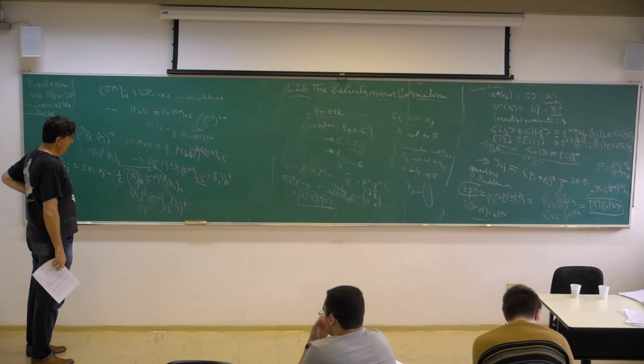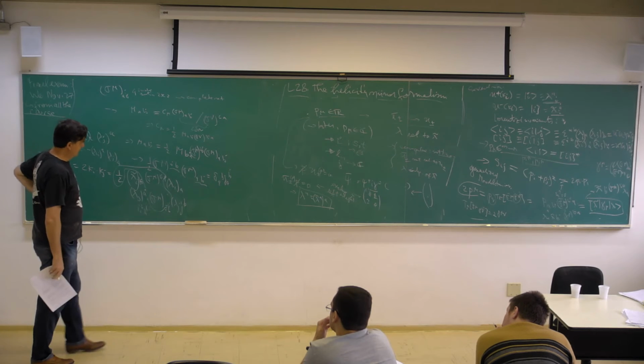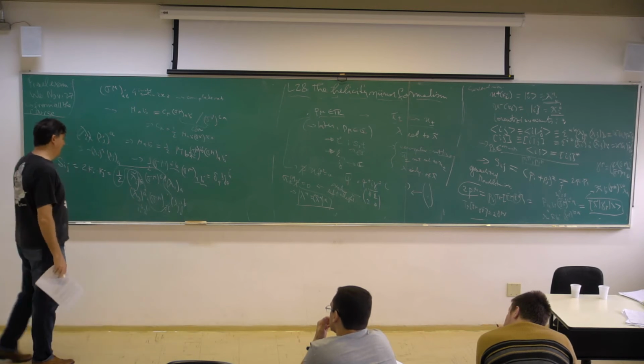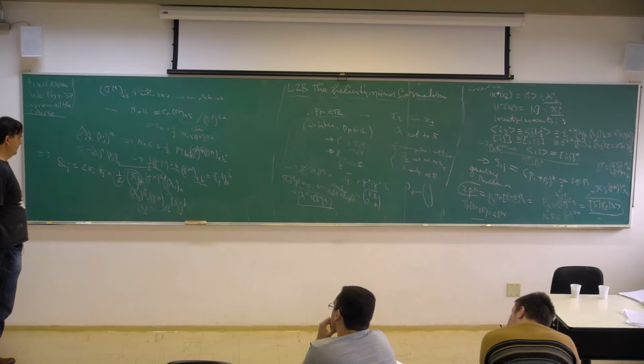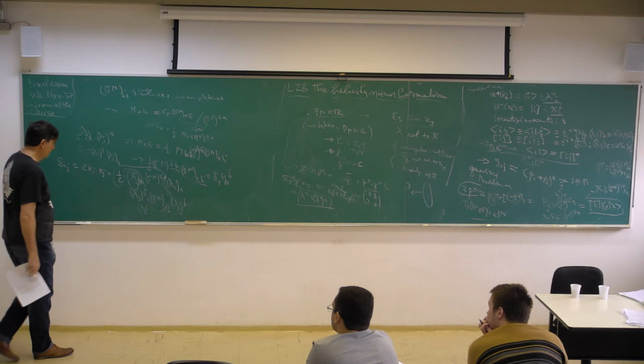The only problem is sigma 2, right? Because sigma 2 is not symmetric. If I take the dagger of sigma mu, then I get the same. So the sigma mu are Hermitian, but they're not symmetric in general.